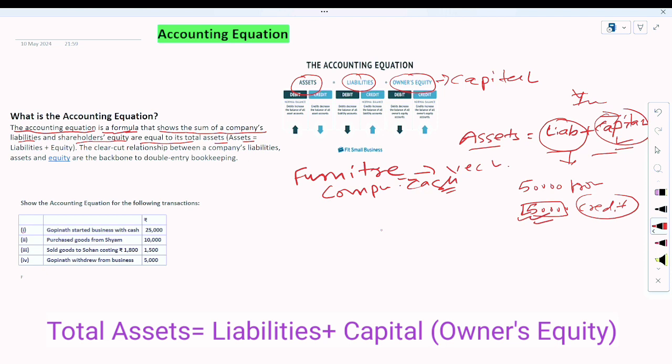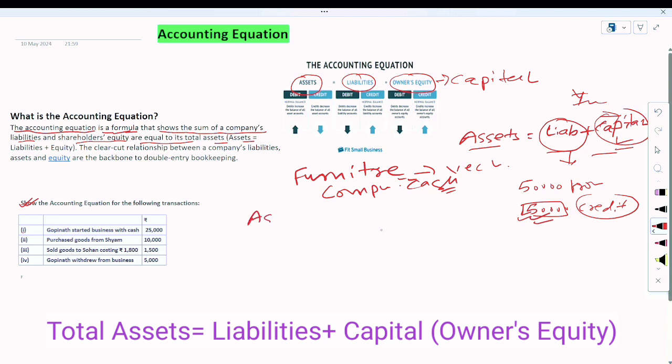Now I have a question on this accounting equation. As you are seeing on the screen, show the accounting equation for the following transactions. We will learn how we can prepare the accounting equation. First of all, we will write here the formula.